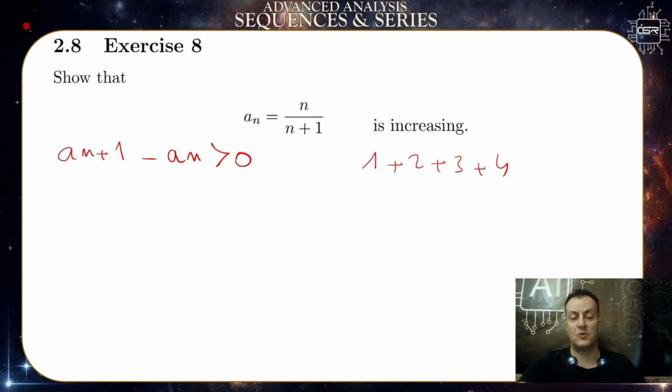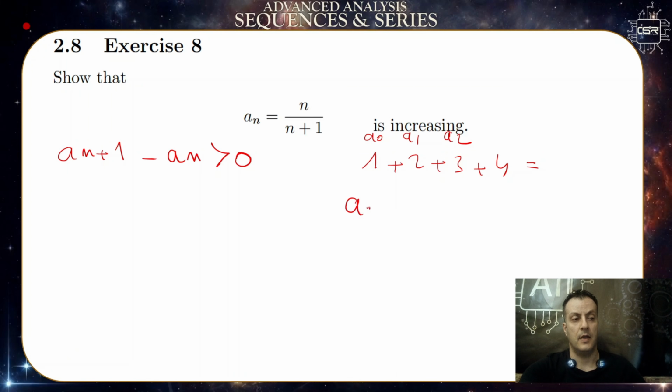But to prove the point to you, let's say we want to prove that this sequence is increasing. So we take a second term, or a consecutive term, and subtract the previous term of that sequence, and the value should be positive, greater than 0. So let's say this is a0, this is a1, this is a2.